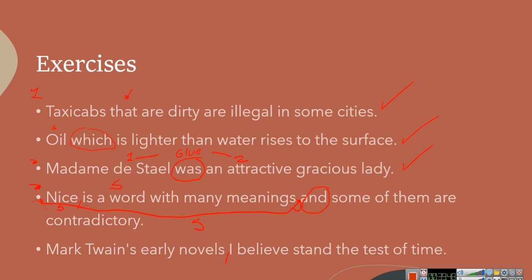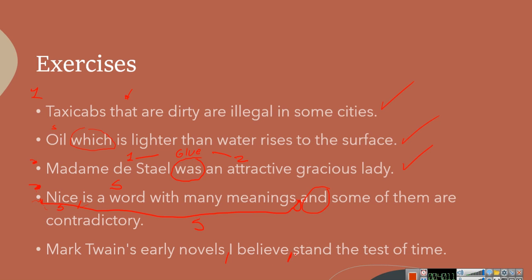No more commas. Okay. So Mark Twain's early novels. You got the subject right. This is not the vocative case. However, I'm saying I believe. So I need to use a group of commas. So I believe, then this is the group of commas that we need to use.